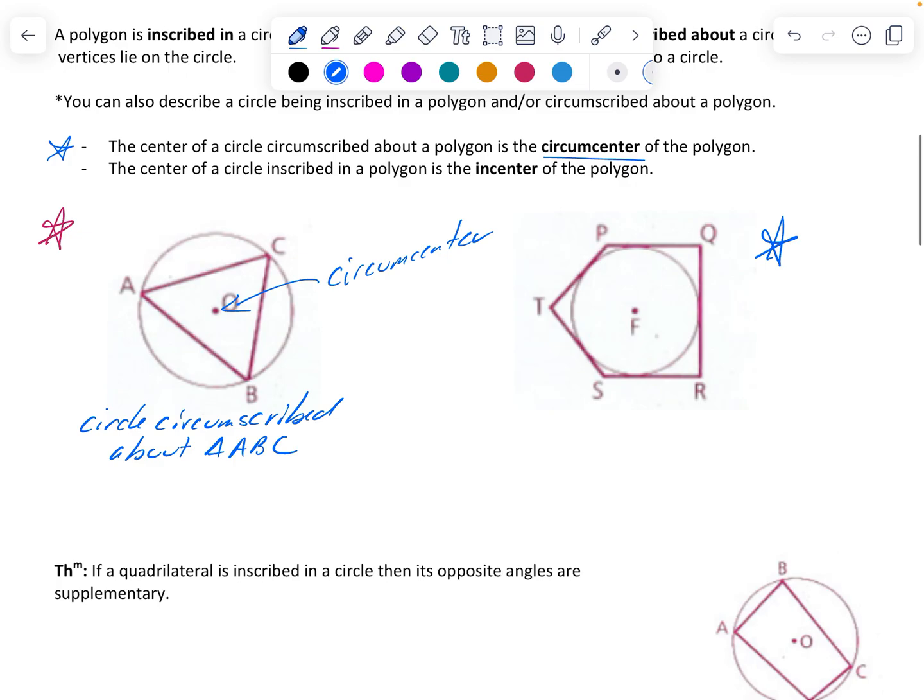And then here the circle is inscribed in, we'll just call it the polygon TSRQP, and this is then called the incenter.